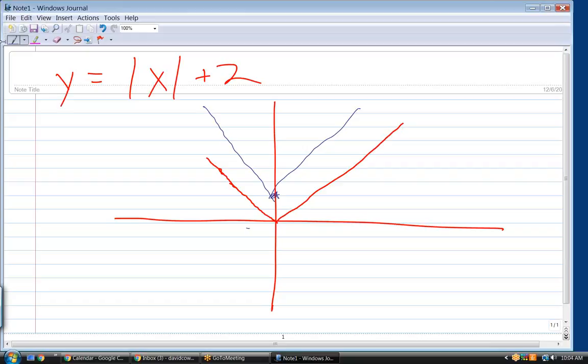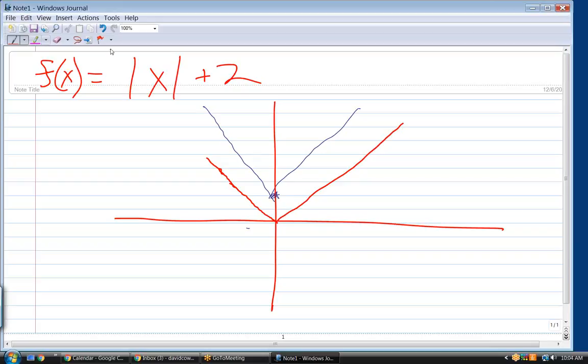In other words, here, let's classify these, because it turns out that f of x notation is far more valuable. Because what did we do?